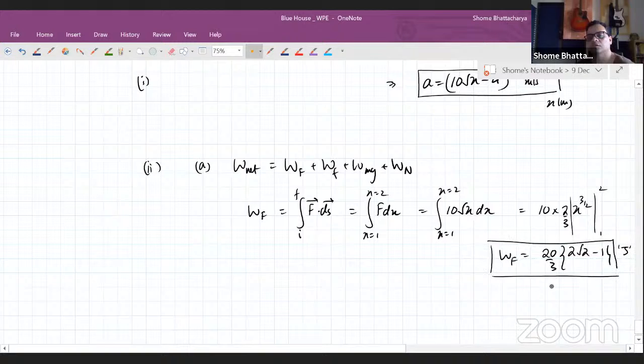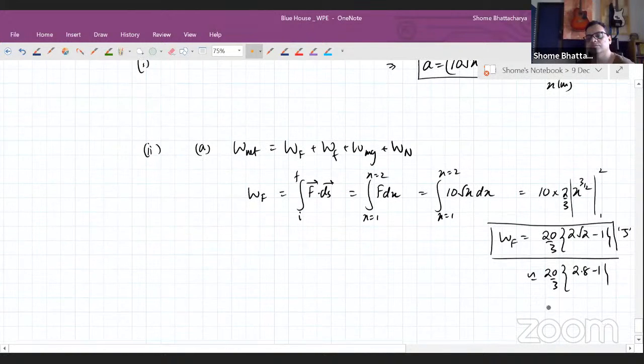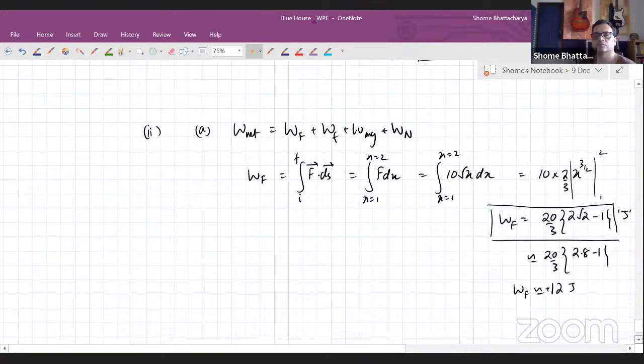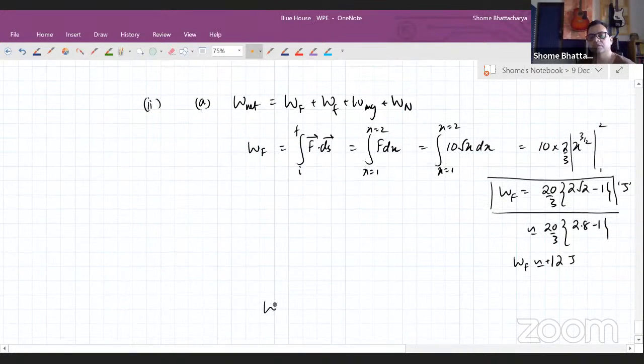You can see that this is approximately 20 by 3 into 2.8 minus 1, so approximately 12 joules. Work done by friction will be minus mu N into the change in x coordinate.